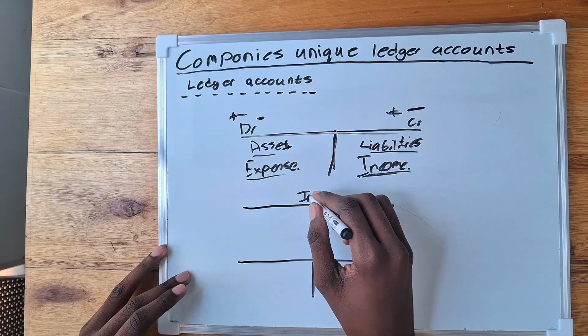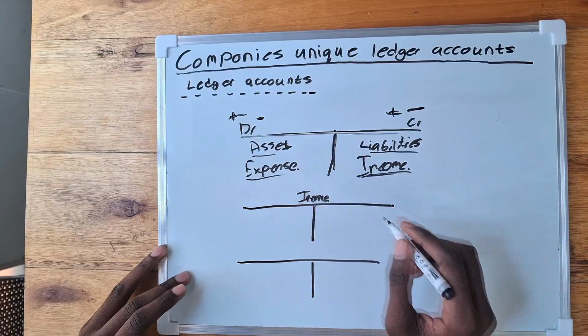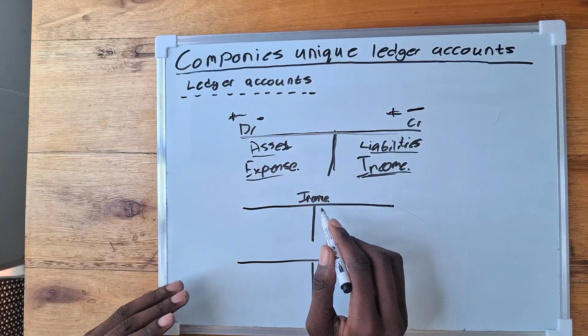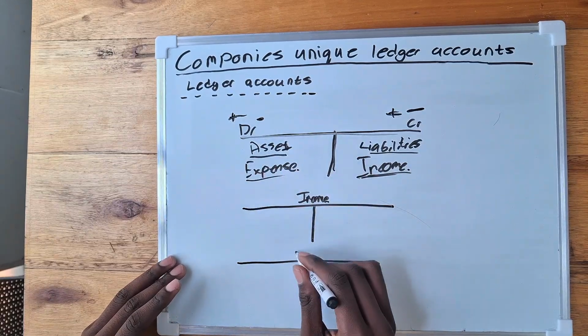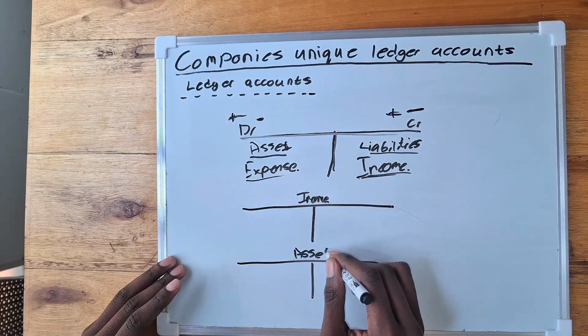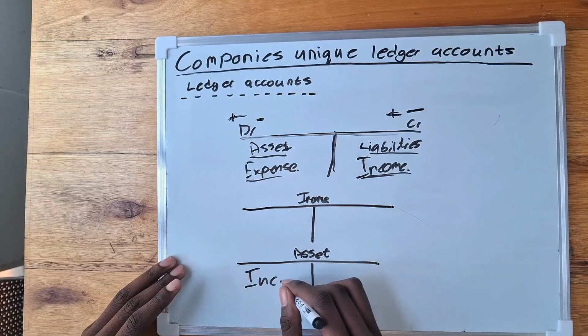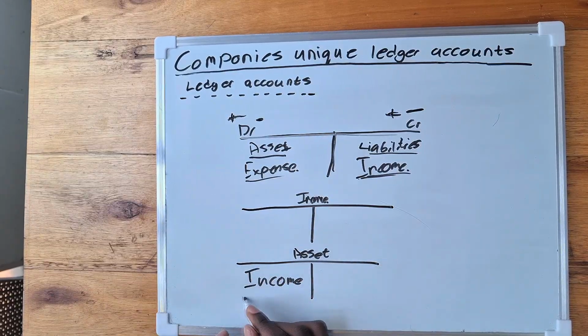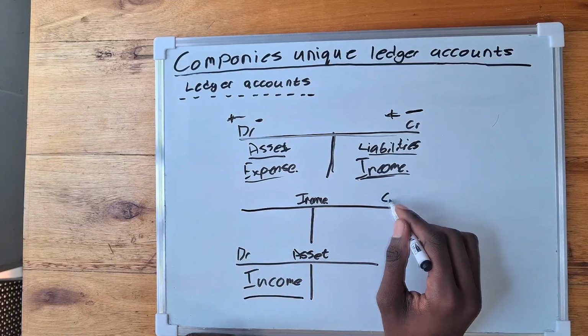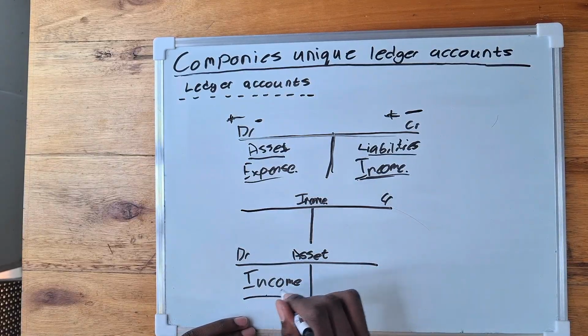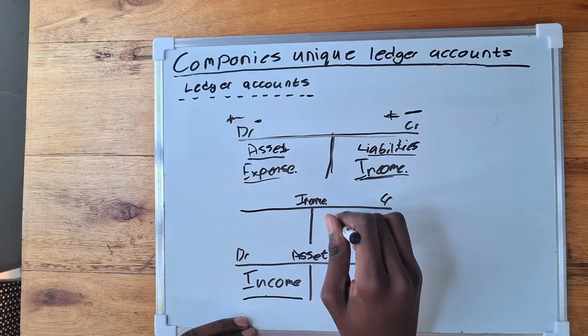So since income is going to increase the asset, it means that income must be here under assets. So since income is here, remember, for a debit, there must be a credit. So since income is here, then we know that this must come here.